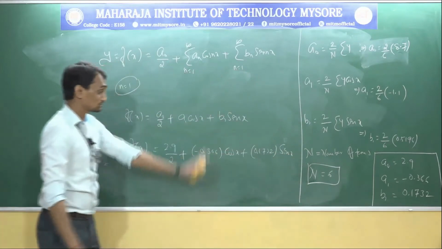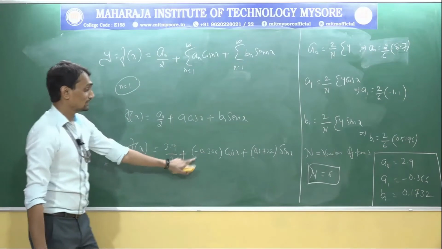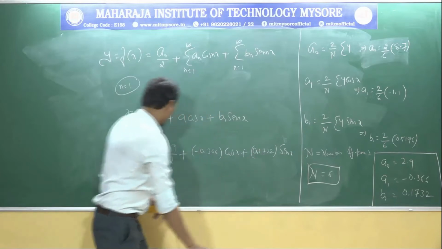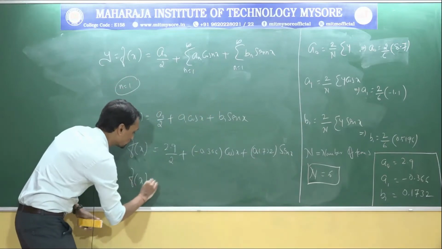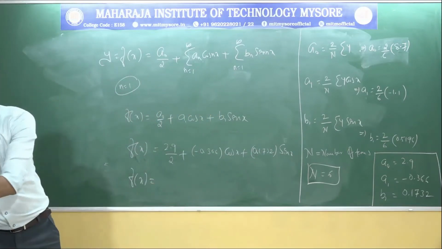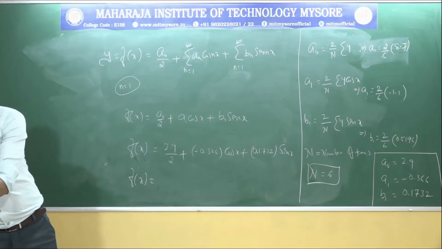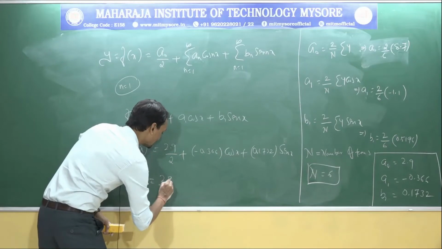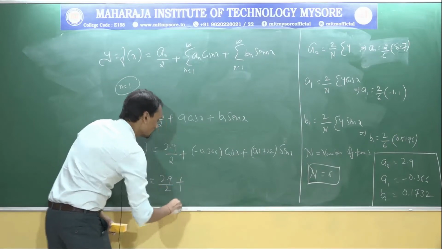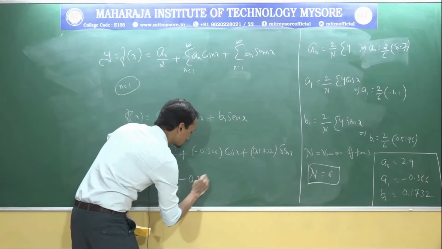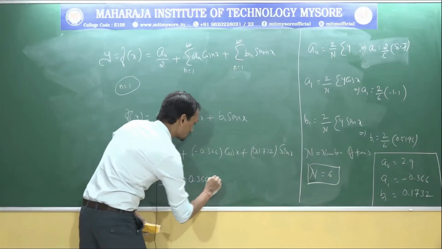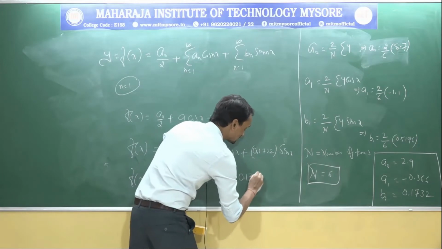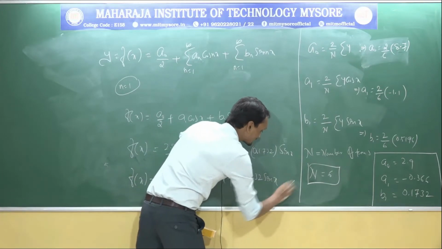Okay, I just replaced the values of A naught, A1 and B1. Now go for the simplification. That is f of x equal to 2.9 divided by 2 minus 0.366 cos x plus 0.1732 into sin x.